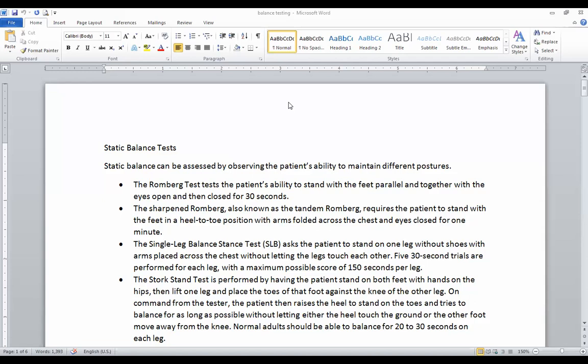Then at the next level of testing, we have to check what factor is affected, whether the motor input is affected, the sensory input is affected, the sensory integration is affected, or the somatosensory is affected.